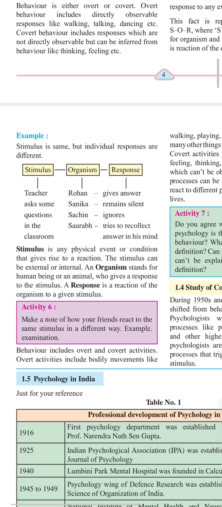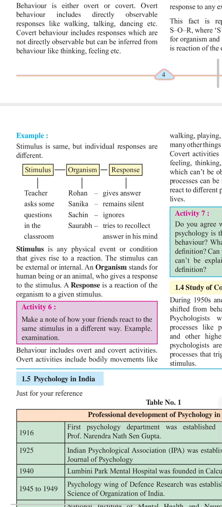Stimulus is any physical event or condition that gives rise to the reaction. So here they are explaining that stimulus is any kind of physical event which you can see, or any kind of condition that gives rise to the reaction. Because of that stimulus the person will react. If the person is not reacting, then we cannot say that it is a stimulus. Like for example, your chair.